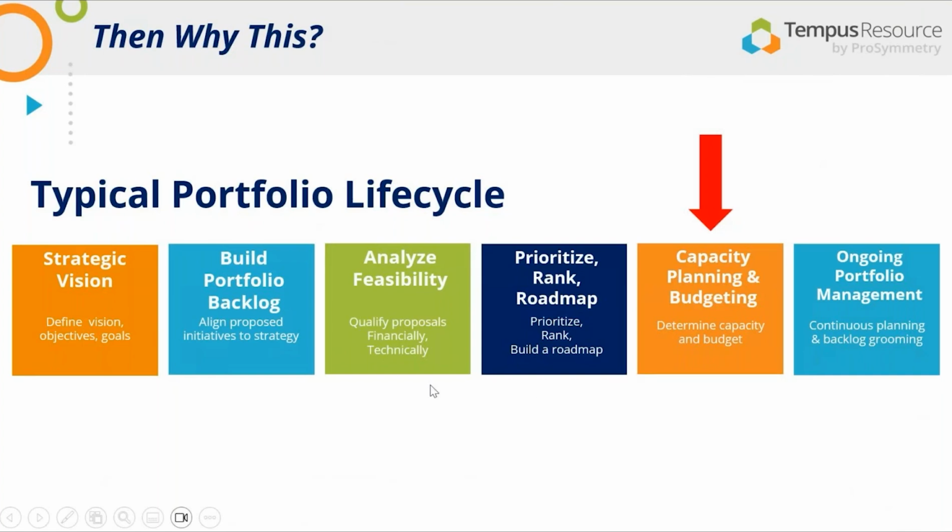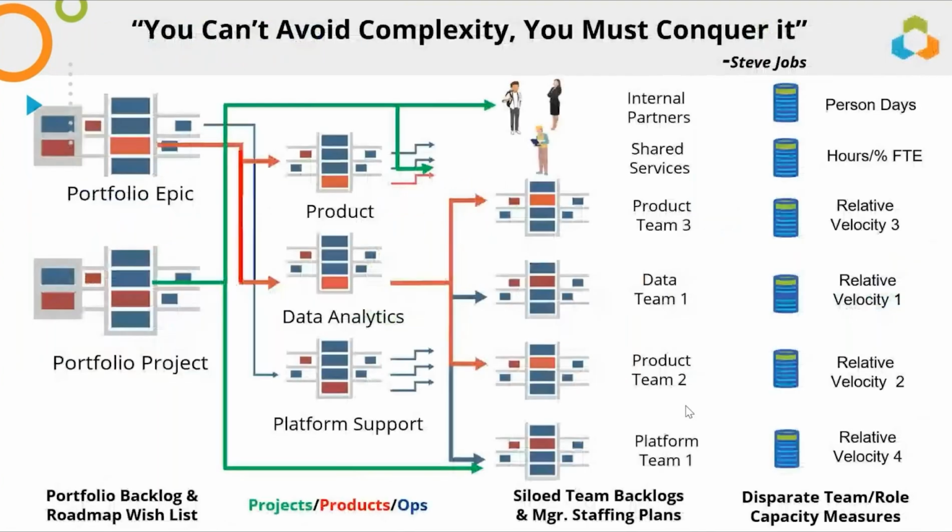They were great. Hey, this is a financial institution. They're happy to tell you, if you can qualify this effort financially or even technically, but never really properly pulled capacity planning into the front end of that.